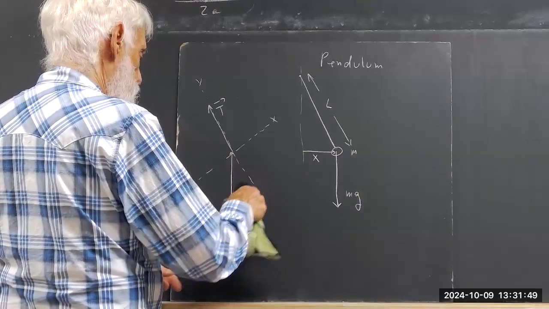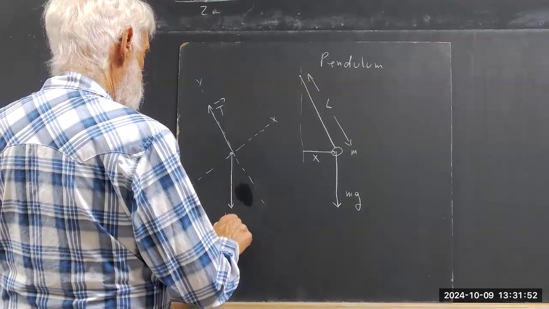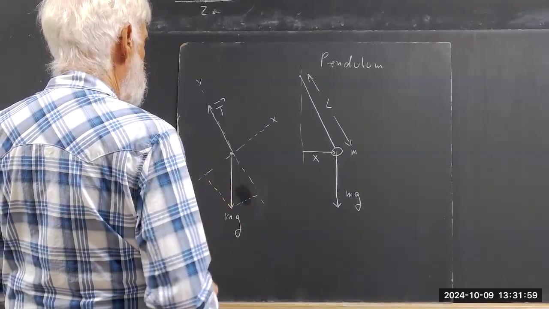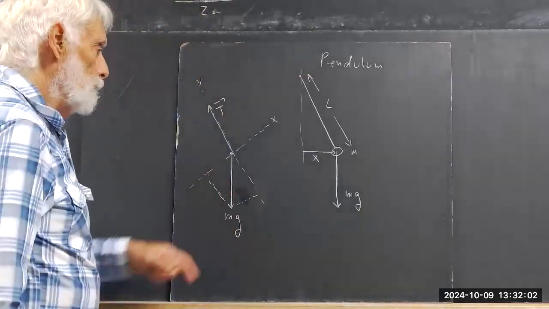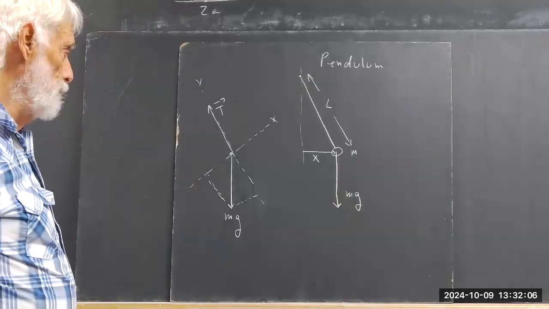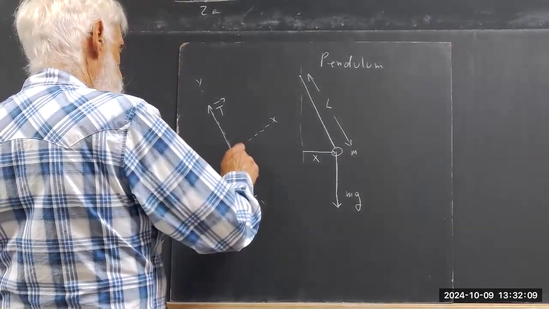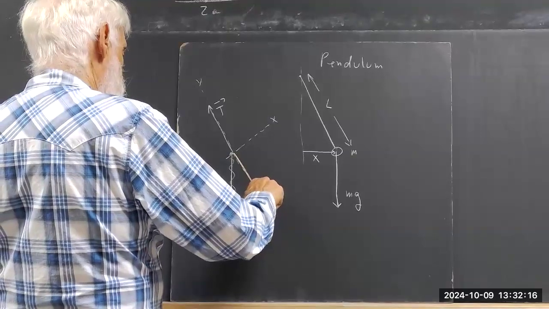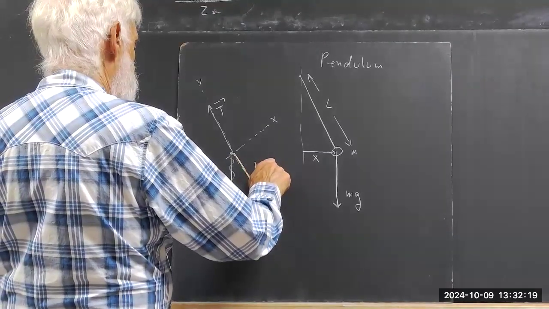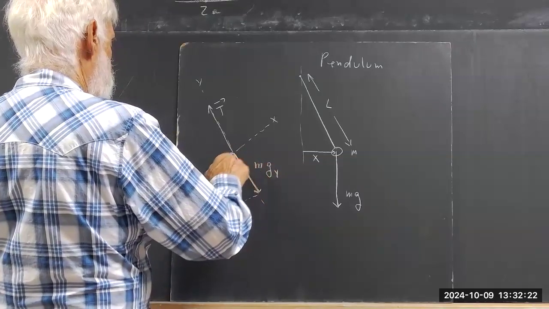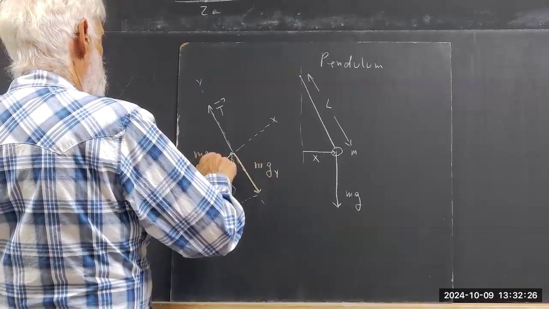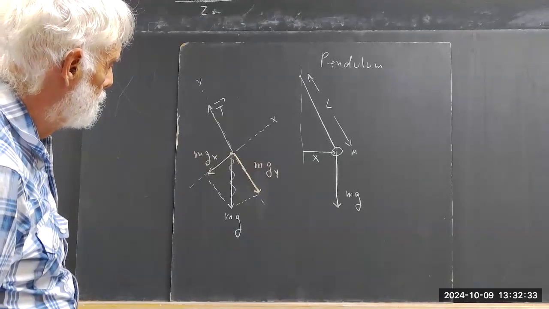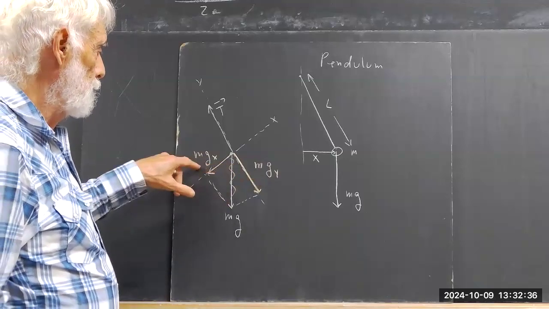Relate this in terms of X and L and M and G. Then if I want to cross out MG, say supply MGY and MGX. What's MGY? What's MGX?